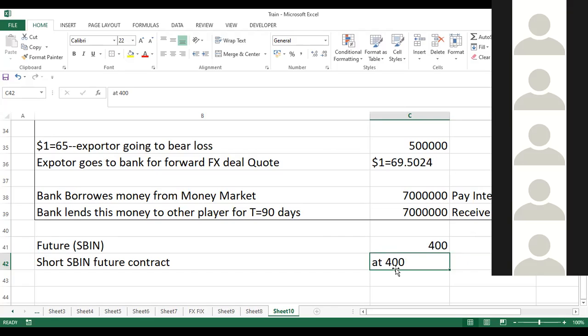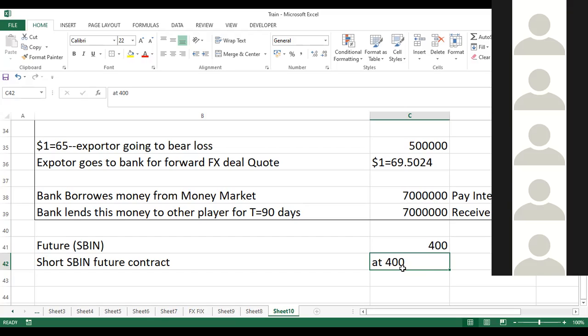Why are you doing this? Because you are worried the price of your SBI share can go down, and therefore, to mitigate your risk, you are taking a short position. So if it goes down, you need not worry because you are going to make a profit on the short position.